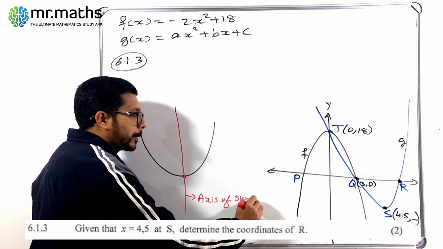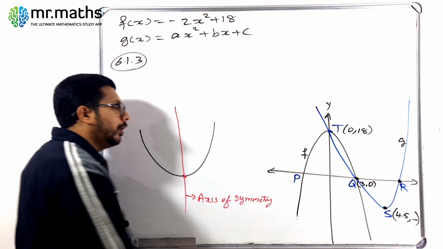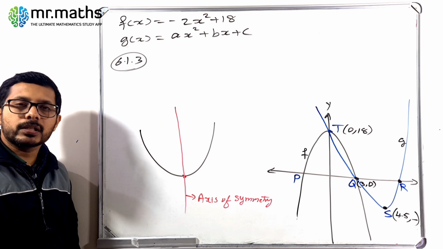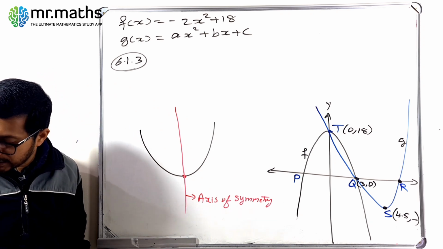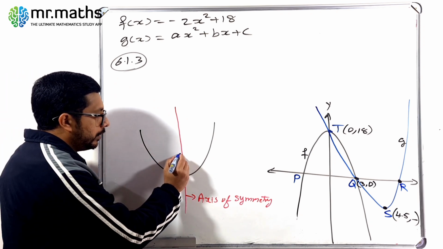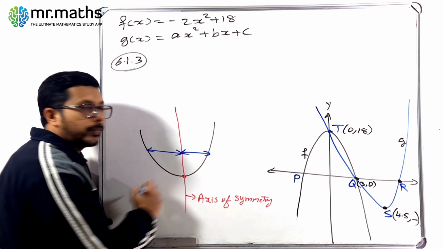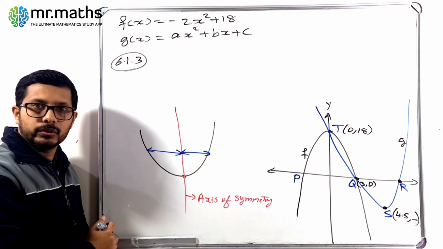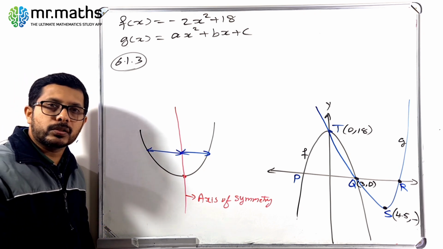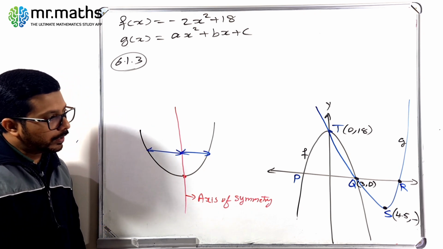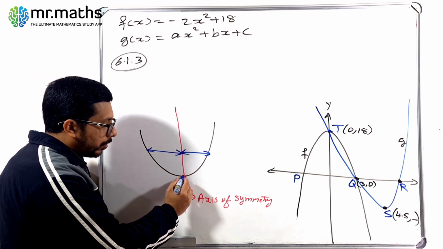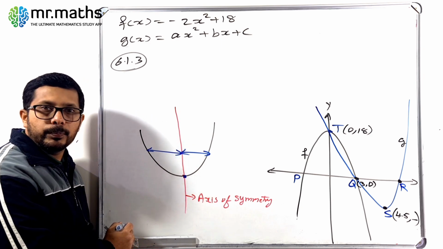What is the meaning of axis of symmetry? It means that this distance and this distance are the same. If this one is 2, this one is also 2, like that. The axis of symmetry always passes through the turning point.